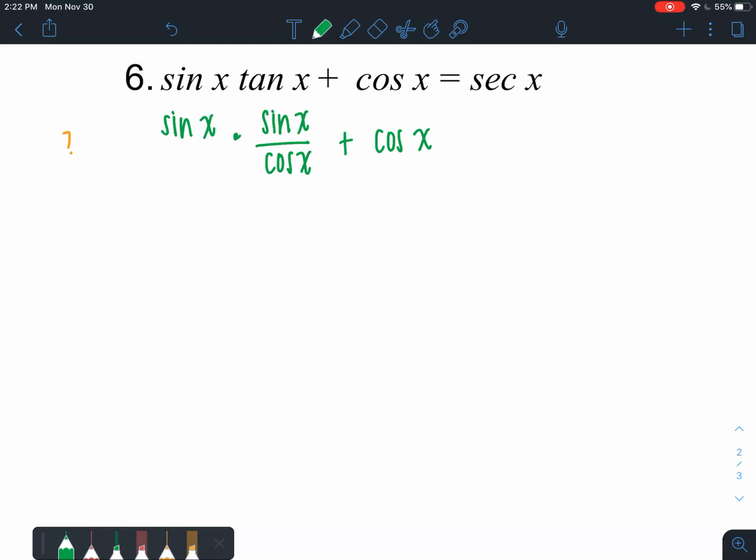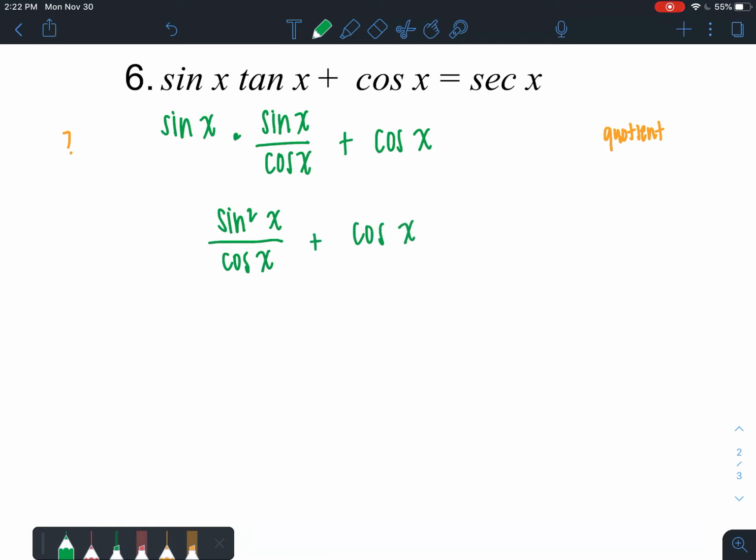So then I'm going to go ahead and simplify. We only changed tangent, so we used the quotient identity. So I'm going to have sine squared x over cosine of x plus cosine of x.